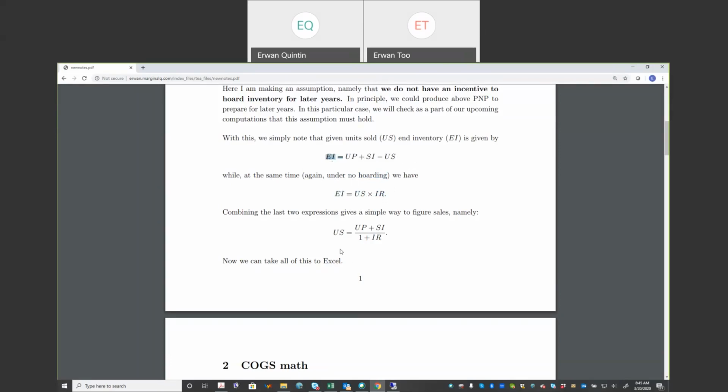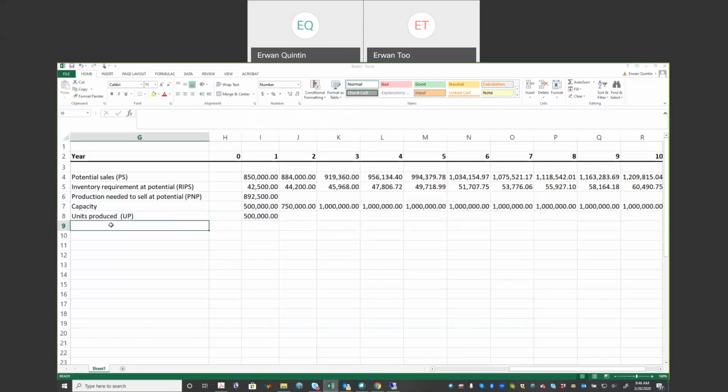I'm going to do a little bit of algebra. And what it is going to tell me is that units sold are just going to be my units produced, I'm sorry, plus my starting inventory divided by 1 plus the inventory ratio. So here, I'm going to be able to write units sold, which is US.